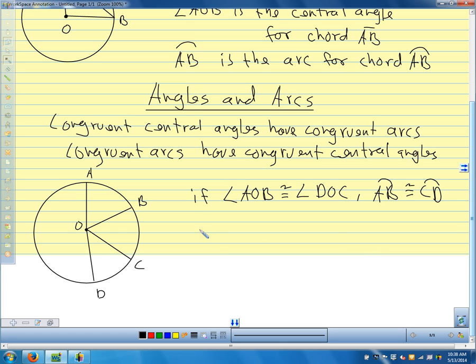And we can say it the other way around. If arc AB is congruent to arc CD, then our angle AOB is congruent to angle DOC.